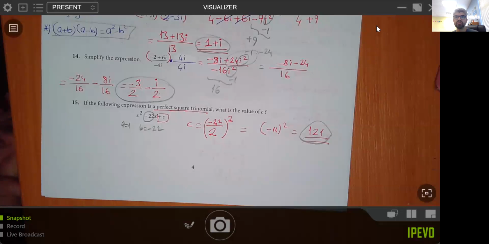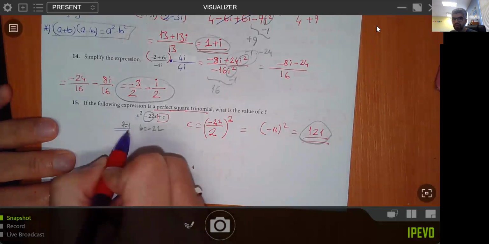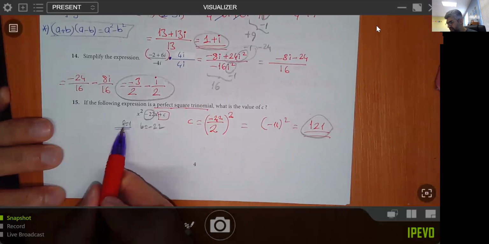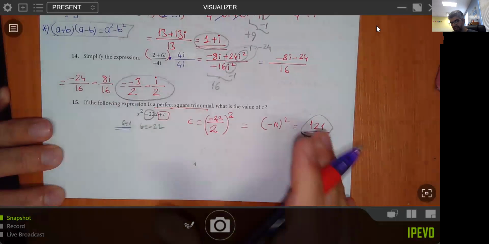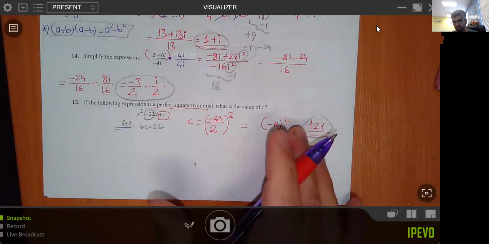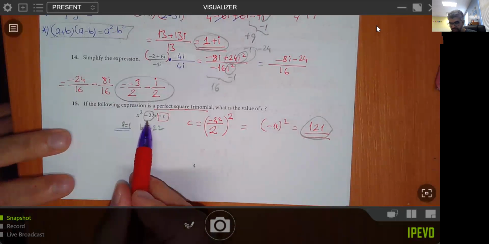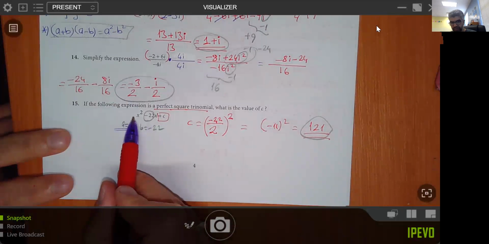We always use the square of b over 2. Yeah, right. I have to mention that a must be 1 always. Okay, guys? A must be 1. If a is not 1, first we divide by the coefficient of x squared, and then we get b for a equal to 1.